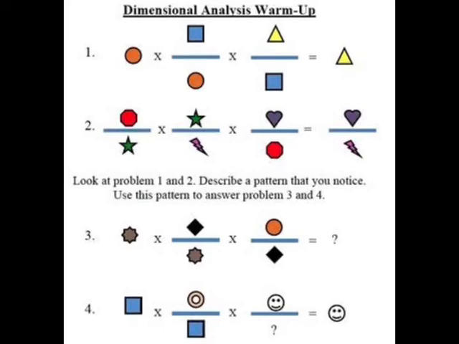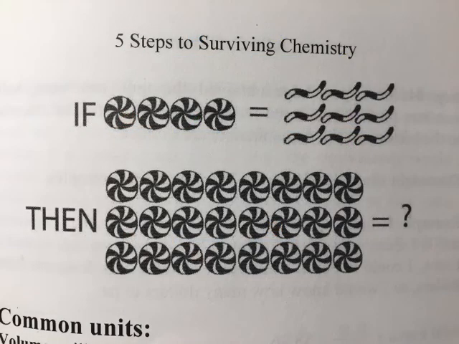Steps to dimensional analysis. Step number 1. Write down the number and unit you would like to convert, your starting point. Step number 2. Write a multiplication sign followed by the conversion factor you wish to use. What you go from should go on the bottom, in the denominator of the conversion factor.